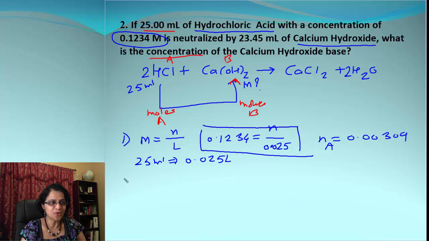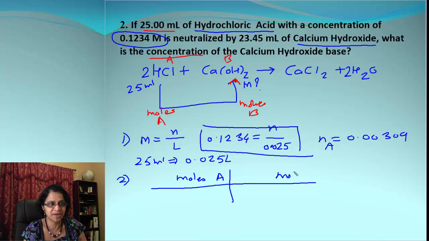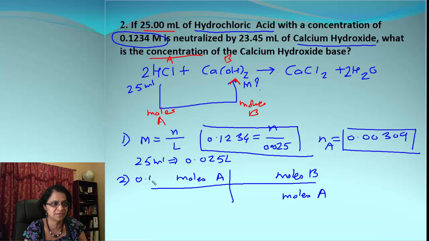Once we have the number of moles for A, the second step is going from the mole bridge, moles of A to moles of B. So let's do that conversion. Moles of A is my beginning point, and the end point will be moles of B. In order to cancel, I need to put moles of A over here. This is the beginning moles which I calculated, which is 0.00309.